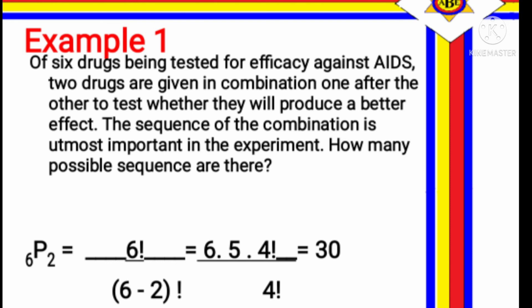That's why we have 6P2. So we have 6 factorial over (6 minus 2), which is 4 factorial. So then we have 6 times 5 times 4 factorial over 4 factorial. So our answer is 30 possible sequences.